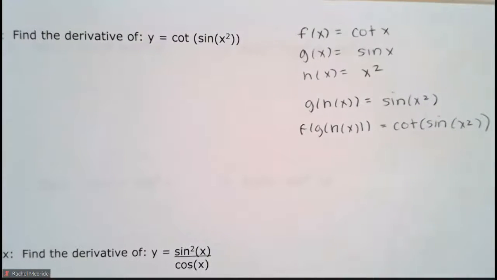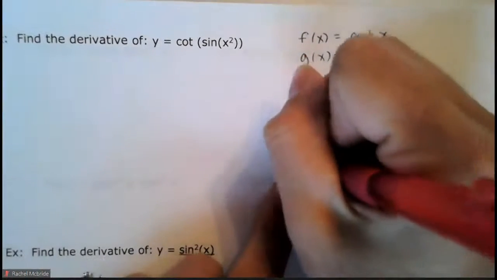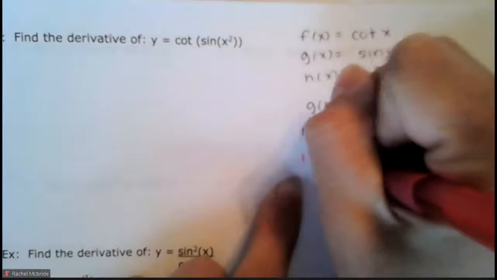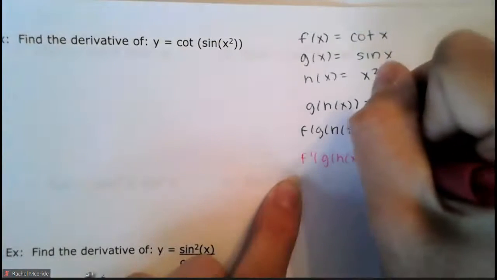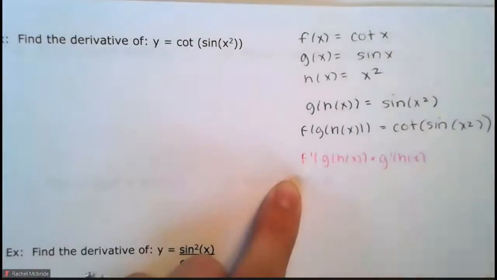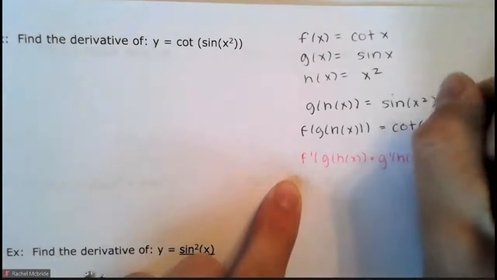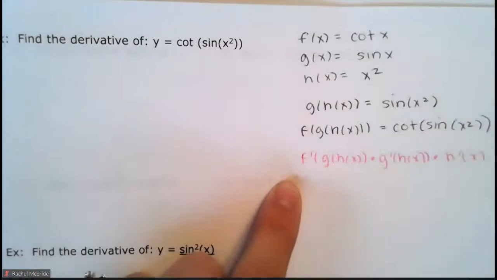So we know from our function composition laws that when we do this derivative using the trig, it should become f prime of g of h of x times g prime of h of x times h prime of x.